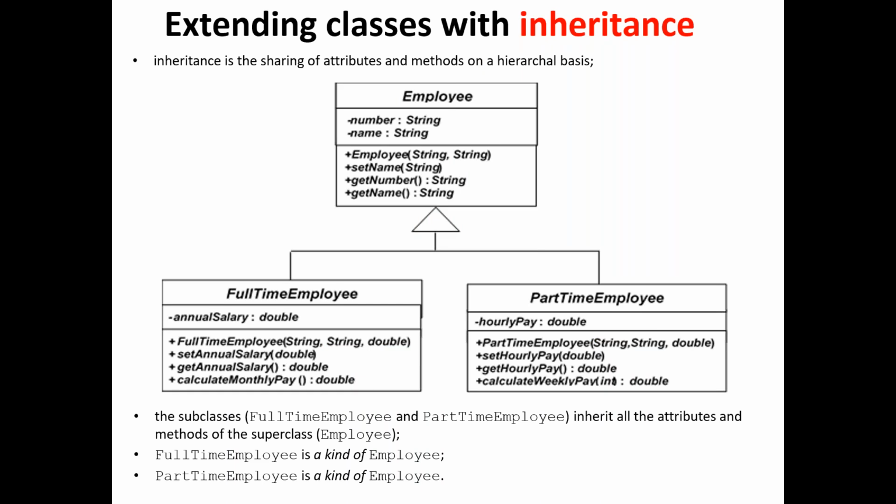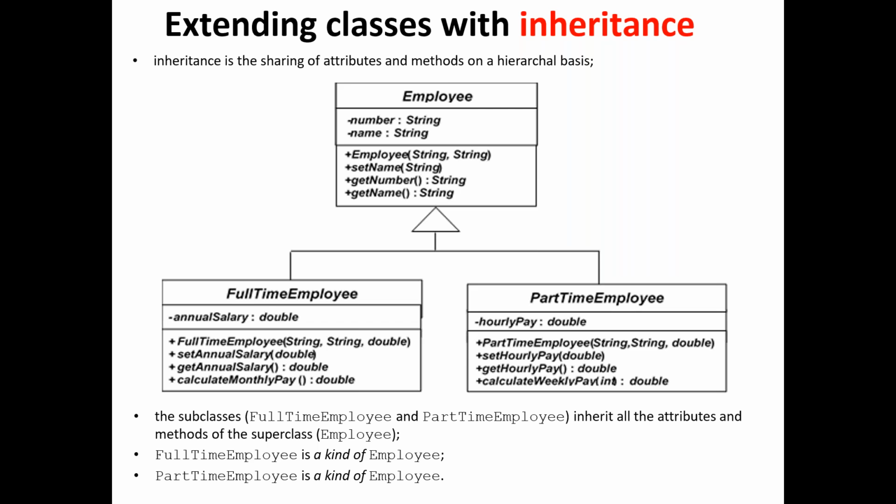So we do need to understand what inheritance is. By inheritance, we're going to have a superclass, which in our case is going to be Employee, and some attributes and methods of our Employee can be inherited by our subclasses, which are FullTimeEmployee and PartTimeEmployee.